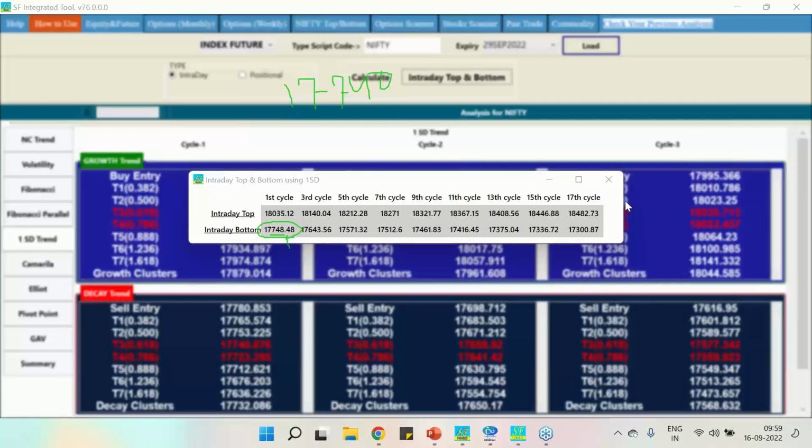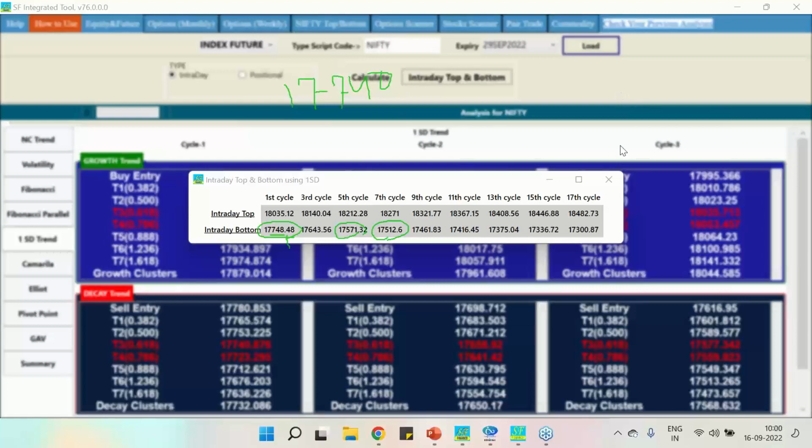In the session I told you, any day the first bottom is broken and the first top is taken up, then that day a third and fifth bottom is possible, or a third and fifth top is possible. So today, if it falls to the 17,500 level, you should not be surprised, because these are bottoms. 512 is the bottom, and third and fifth can be considered bottoms.